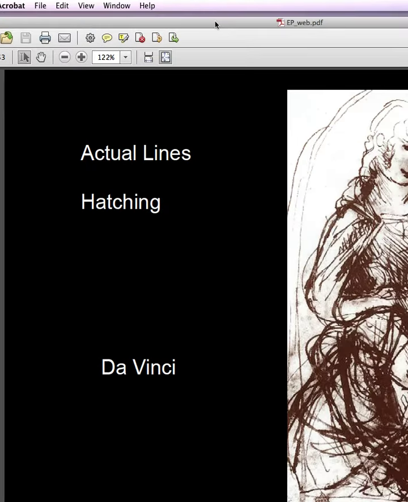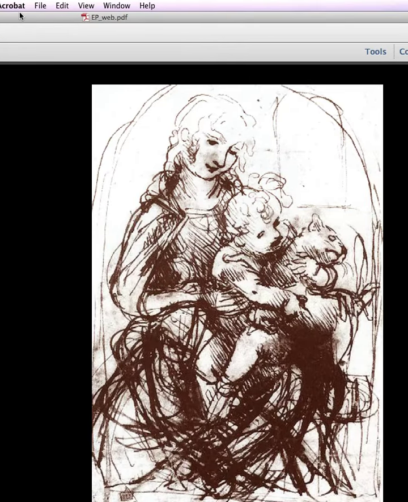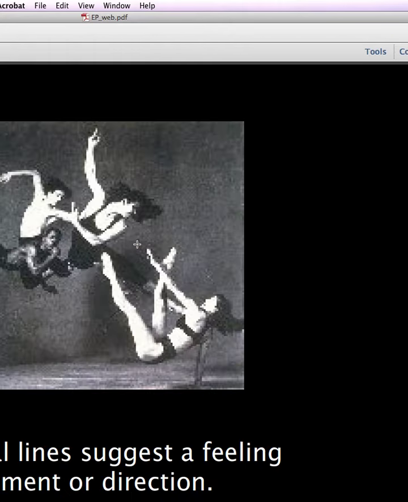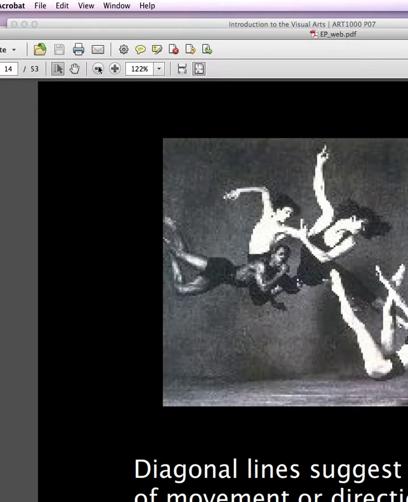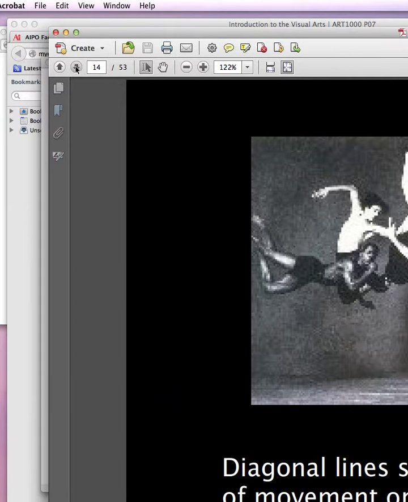Here we go. We're looking at a picture of a drawing that Da Vinci did. When we talk about quality of line, what I'm talking about is the thickness, the heaviness in here as he uses line to give you a sense of depth. That's an important thing.